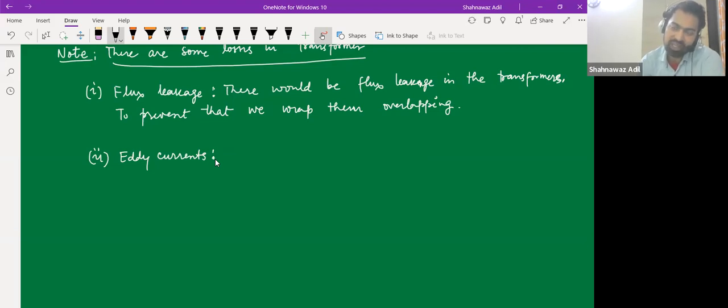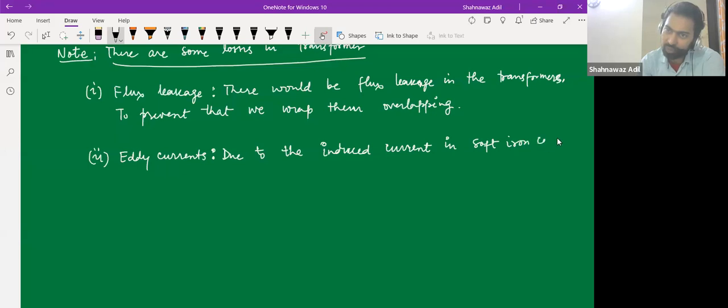So to prevent that, we laminate that soft iron core, right? Due to the induced current in the soft iron core, the core gets heated, right?